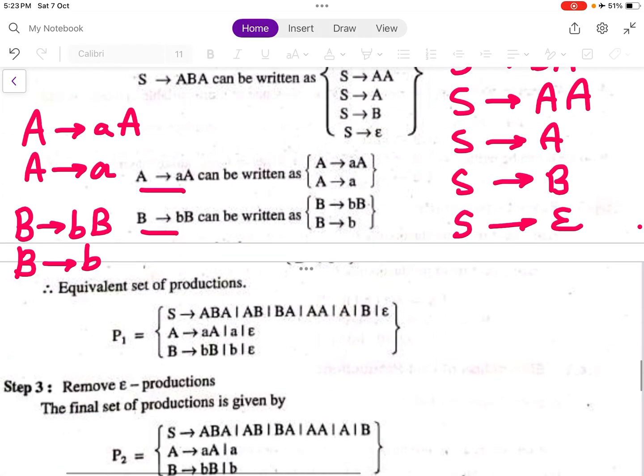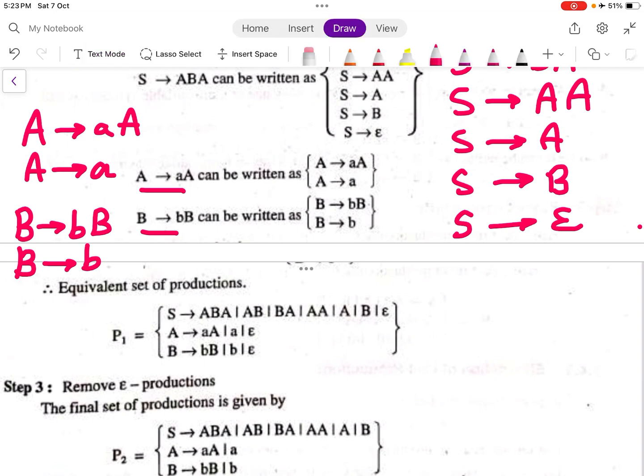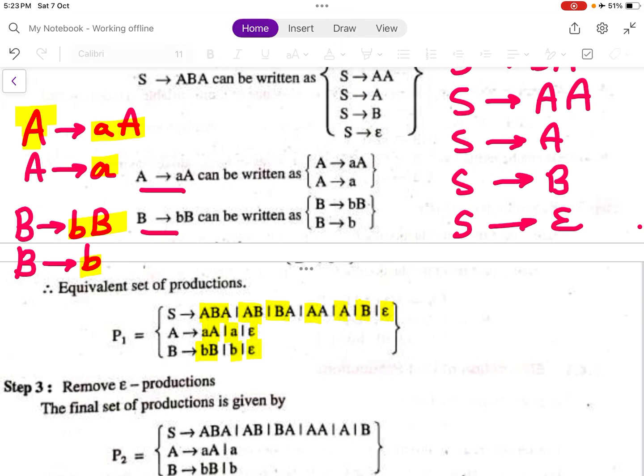Now the equivalent set of productions will be: S can be replaced with ABA, AB, BA, single A, single B, or epsilon. Capital A can be replaced with small a, single A, or epsilon. Capital B can be replaced with B, small b, and epsilon.